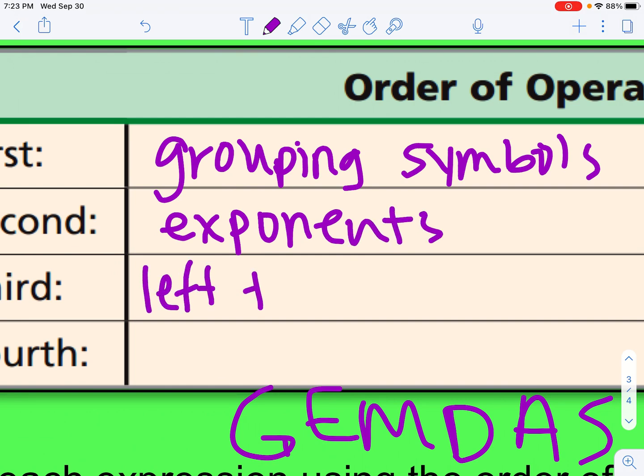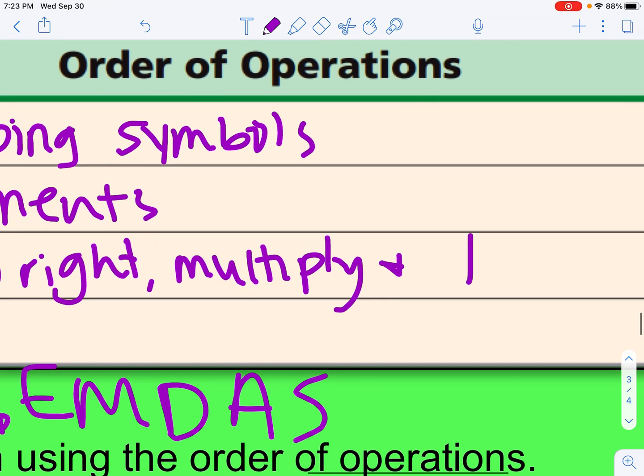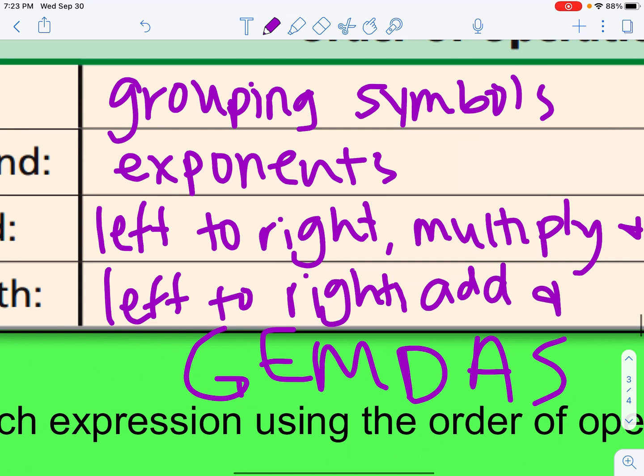Our third step is from left to right. We multiply and divide. And then lastly, our last step is from left to right again. We add or subtract.